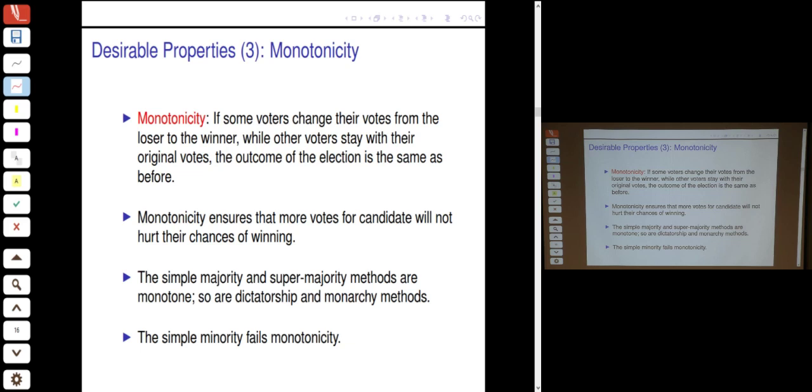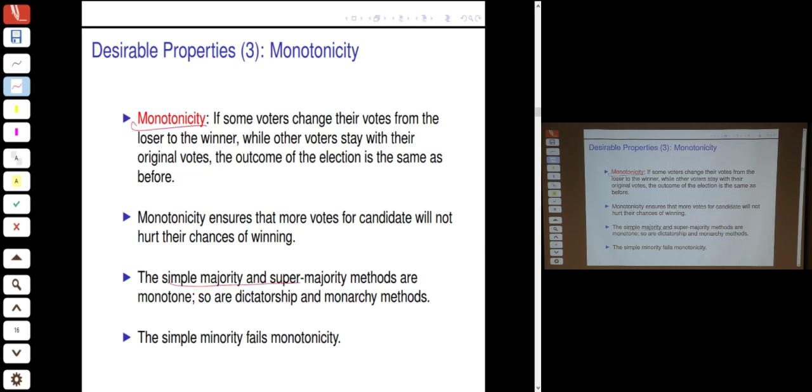So the point is that if you alter the voting profile and increase the votes of the candidate who was already winning, he should still remain the winning candidate. It sort of sounds natural, so that's a desirable property that you expect out of a good voting method.